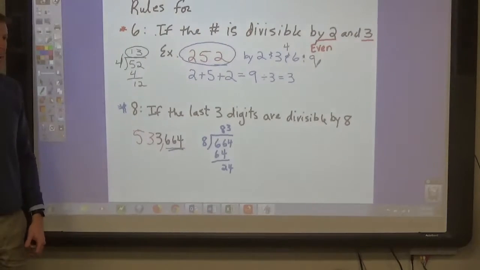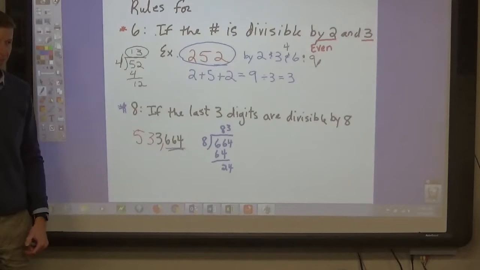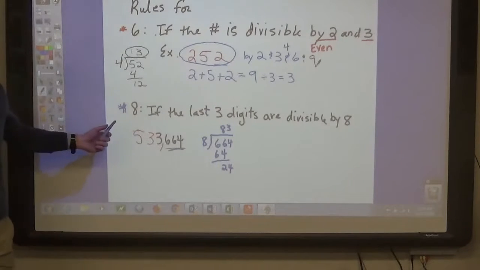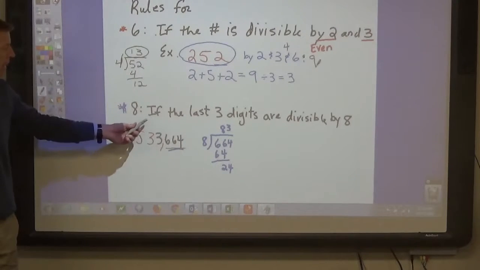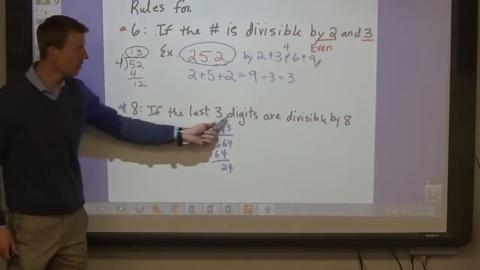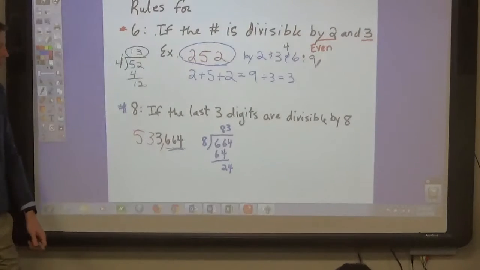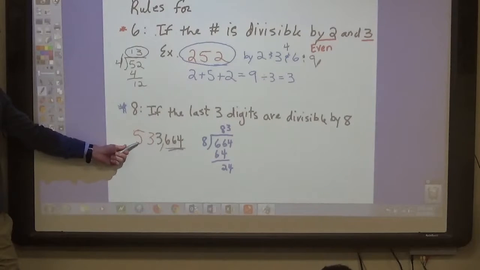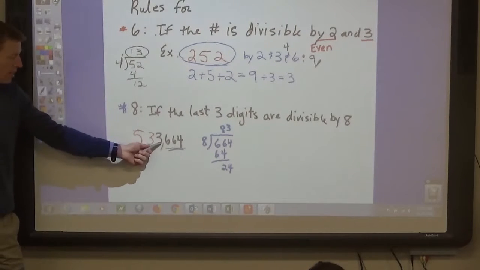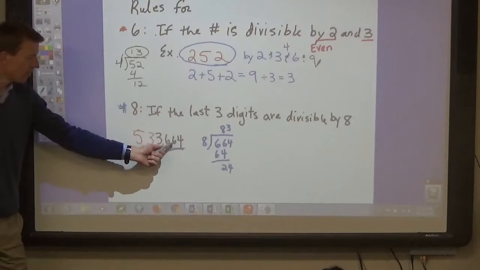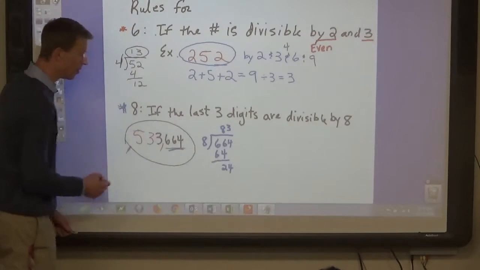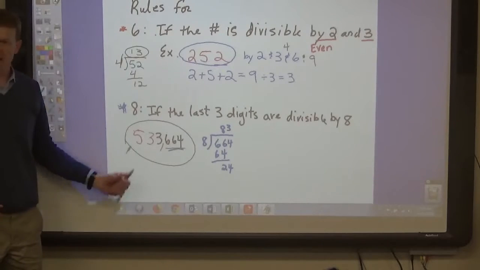Is it divisible by 8? The rule for 8 is if the last 3 digits are divisible by 8, then the entire number is divisible by 8. So look at this one. 533,664. You would not have to check this whole number.